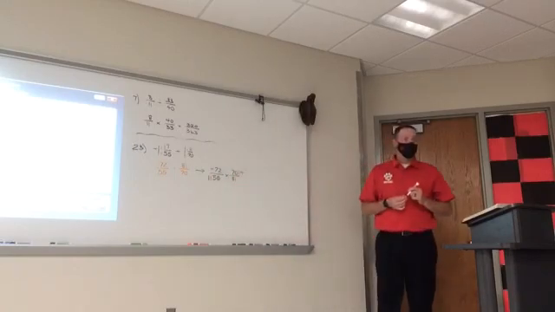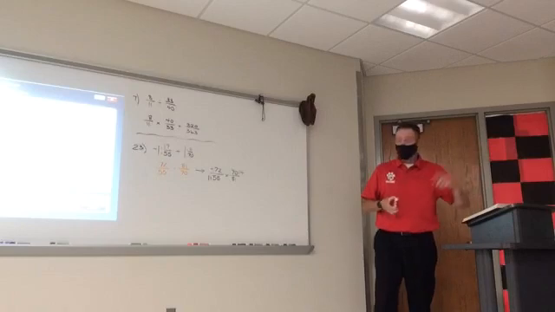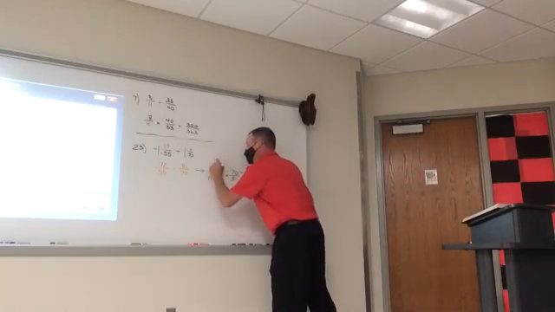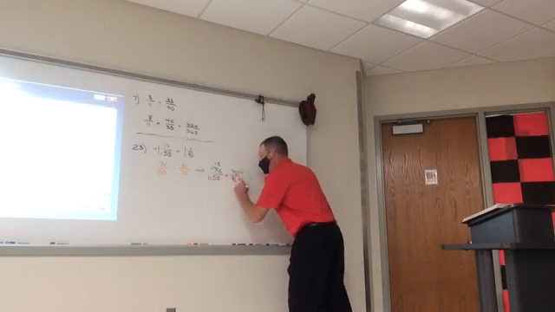Any other factors that I can divide out here? 72 and 81 are both divisible by 9. So negative 72 divided by 9 is negative 8. 81 divided by 9 is 9.